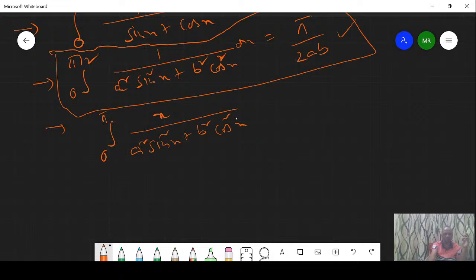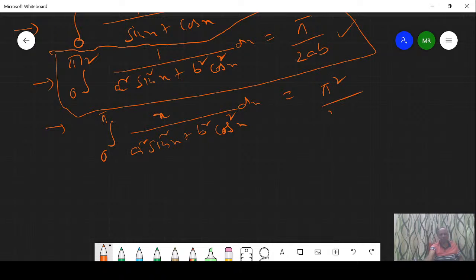Remember, this concept is also important. If they give the integral 0 to pi of x by a square sin square x plus b square cos square x dx, the answer will be pi square by 2ab. That's all.